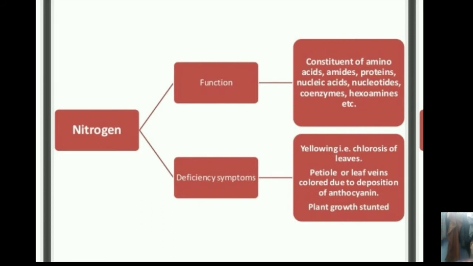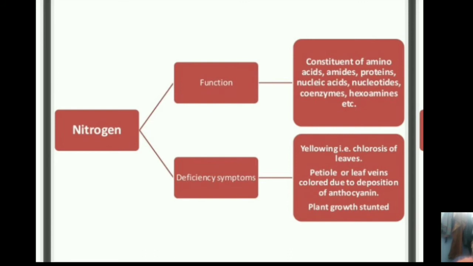It is a constituent of amino acids, amides, proteins, nucleic acids, nucleotides, coenzymes, and hexosamines. All these metabolic activities are catalyzed by nitrogen, so in all complex forms, nitrogen is present.